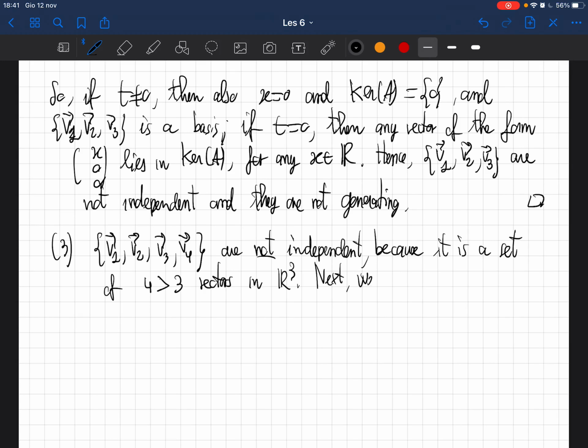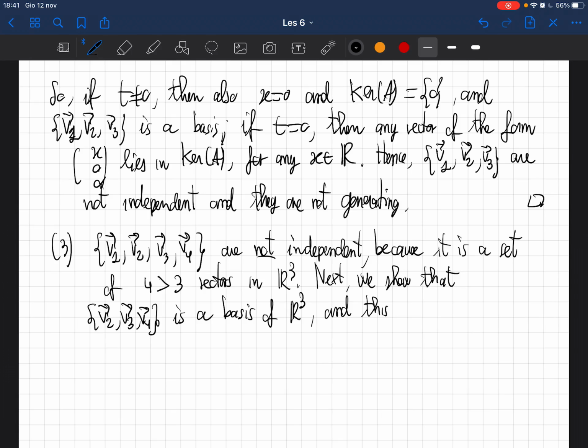Next, we show that actually v2, v3, v4 is a basis, and this will imply that the whole set is generating.